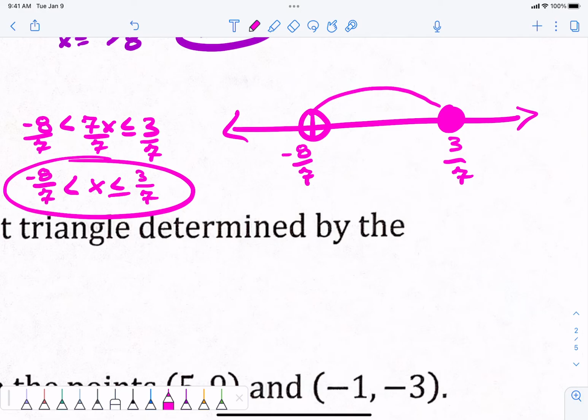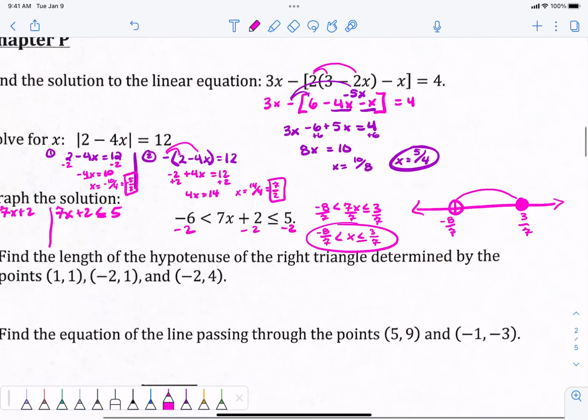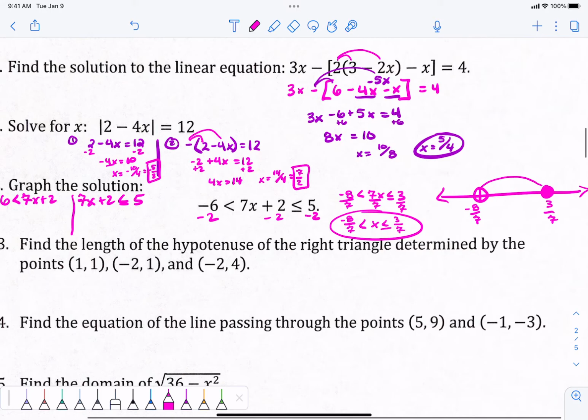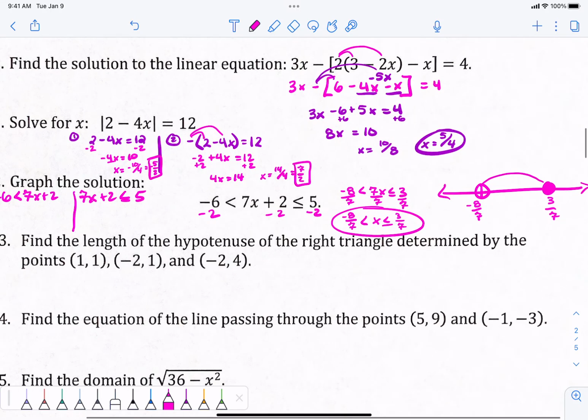Do you want to draw a picture? You can. That may be the best. Find the length of the hypotenuse of the right triangle determined by those points. If I draw a picture, I just don't know which one is the hypotenuse.